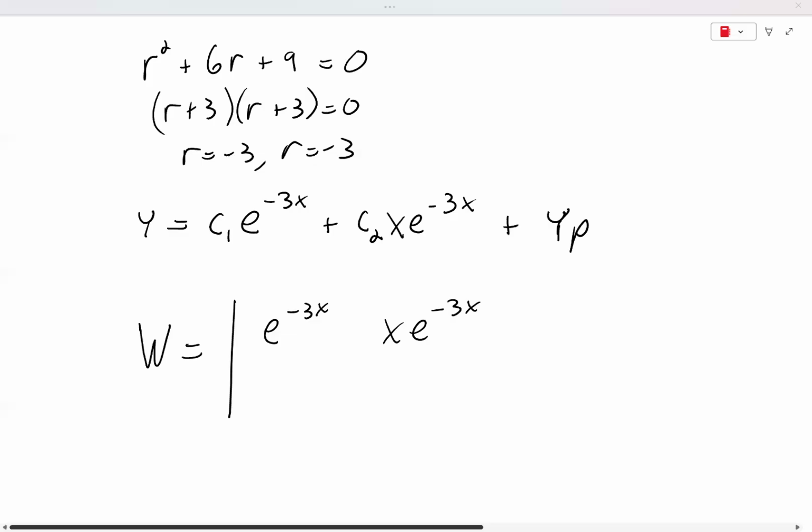Make sure I have this, okay? And then take the derivative here. So that'd be negative 3 e to the negative 3x. And then over here on this one, you have to actually use the product rule to take the derivative. Bit of a mess. Derivative of the first part would be 1, so you get 1 e to the negative 3x plus, then you keep the first part and multiply by the derivative of the second part.